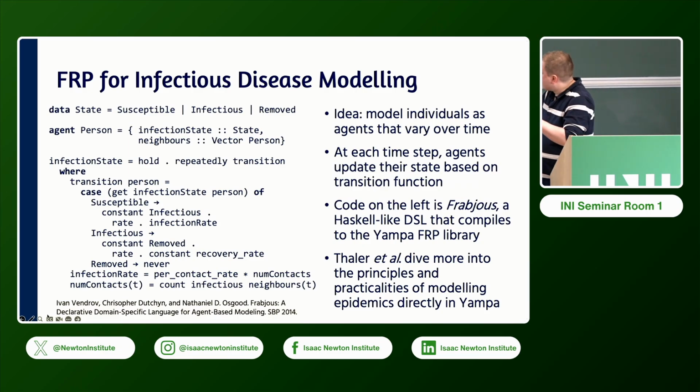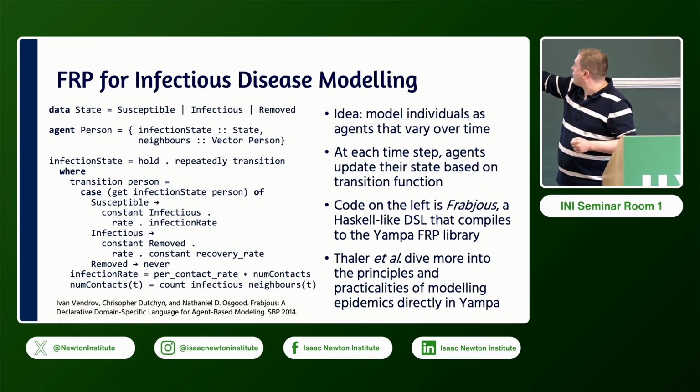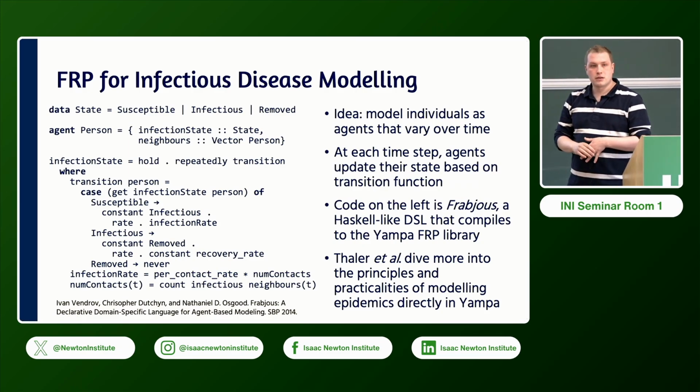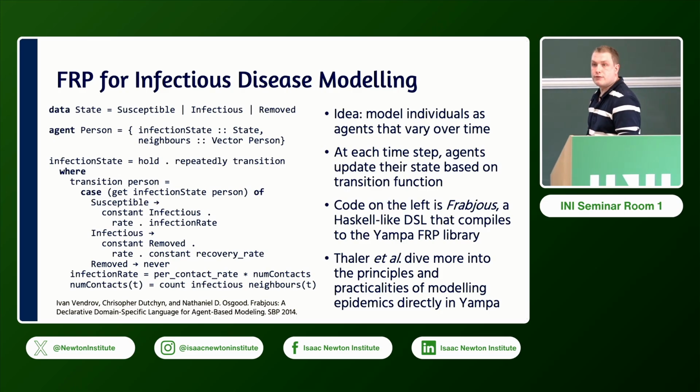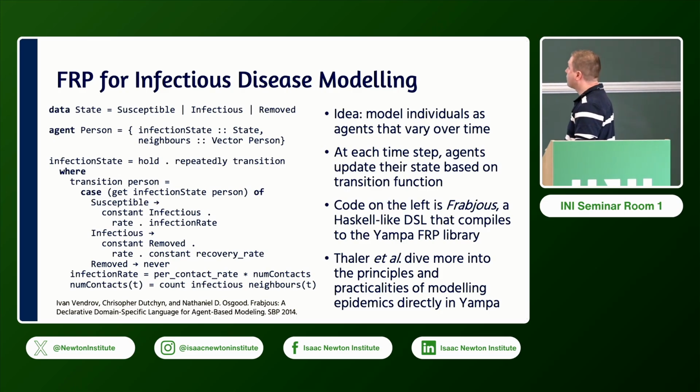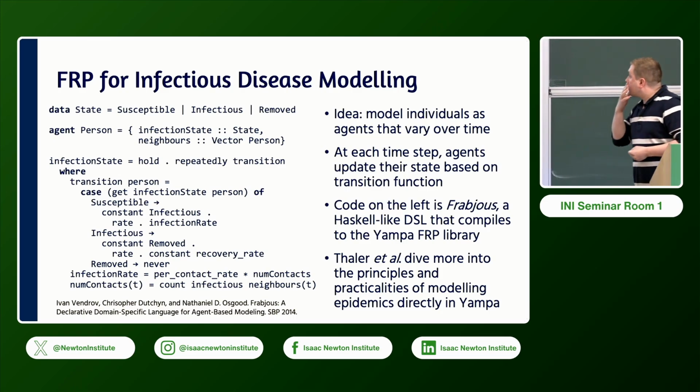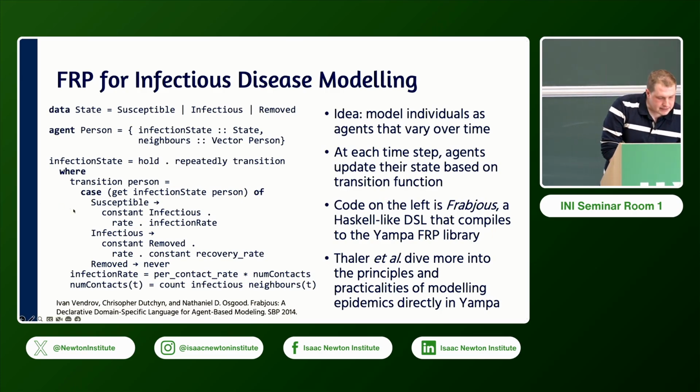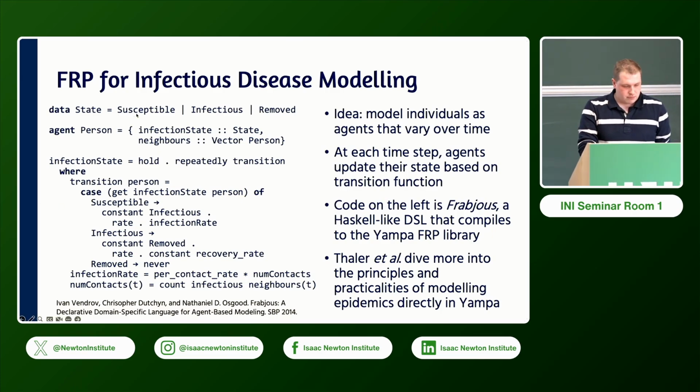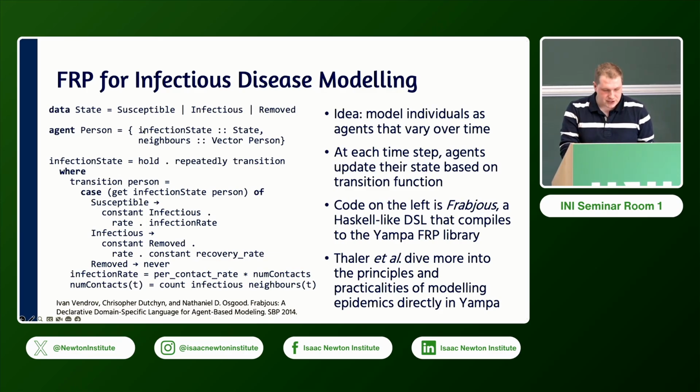And really it's a thin layer over a very popular functional reactive programming library for the Haskell programming language. And the idea is, what we can do is talk about a person. The person has an infection state and a bunch of neighbors, and we define a transition function based on its current infectious state.